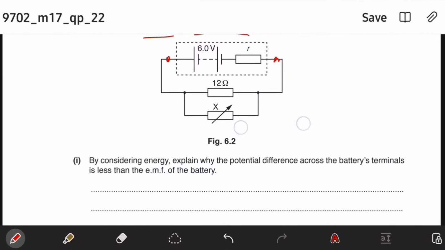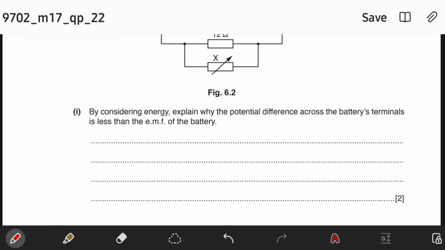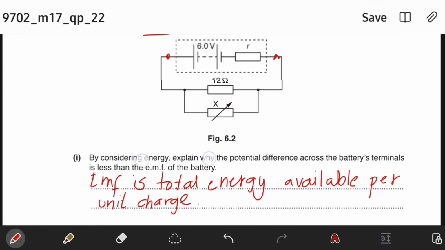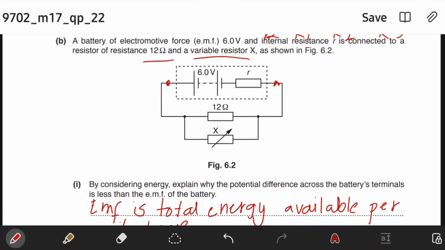So EMF is the total energy available per unit charge, right? But here you see that there is an internal resistance, right?